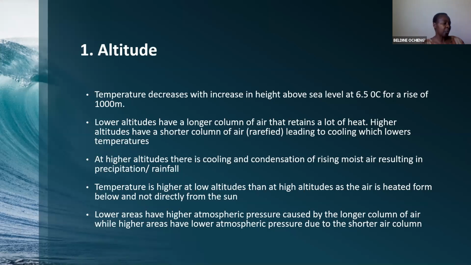That one we know. Then temperature is higher at lower altitude than at high altitude, as the air is heated from the ground, from below, and not directly from the sun. It comes, hits the ground, and it is retained there for long, not just in the air above the ground.